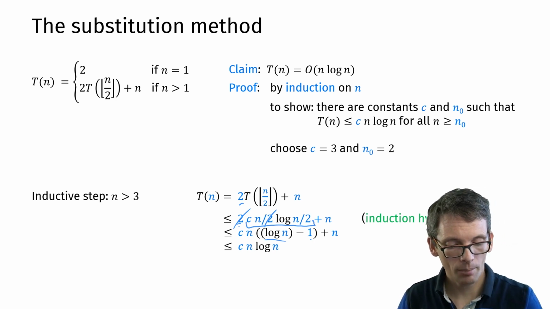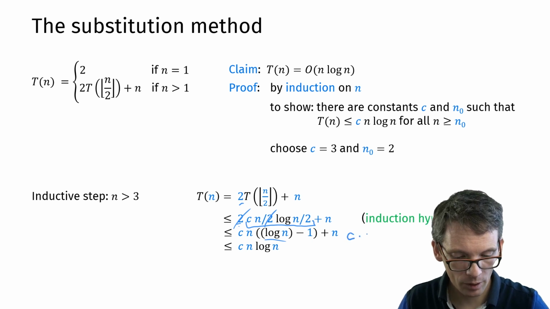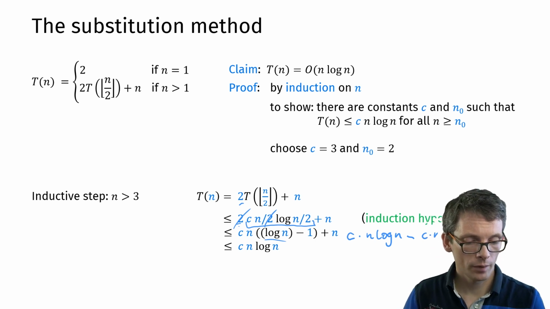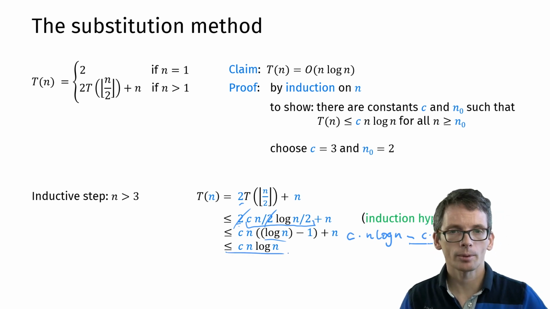So this I can bound by c times n log n, because we have c times n log n minus c times n plus n, and because c was 3, this term is negative, so this is an upper bound.